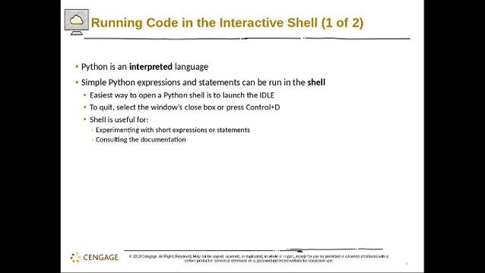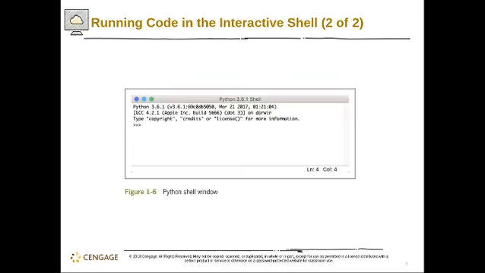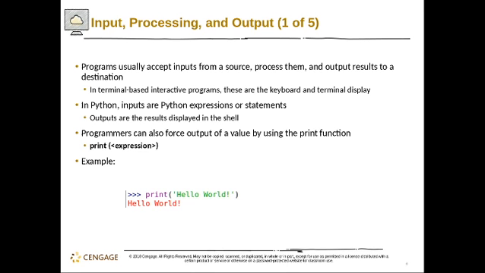A shell is useful for experimenting with short expressions or statements or consulting the documentation. This is an example of a Python shell window from a Mac. It's like a command line or a terminal window if you're more used to Linux.